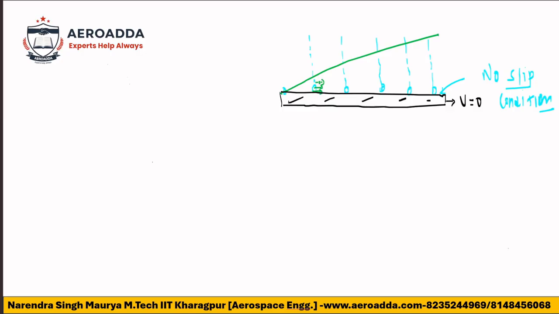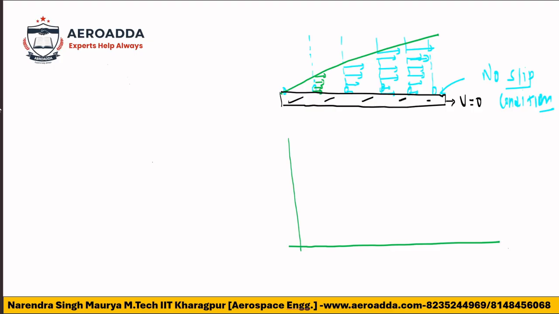As you start moving in the forward direction, the velocity will be increasing. So the velocity started increasing once you move in the forward direction.